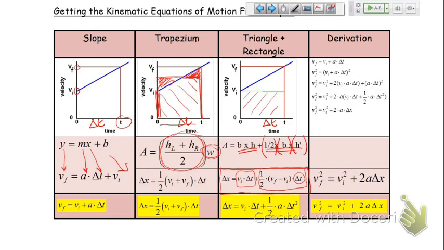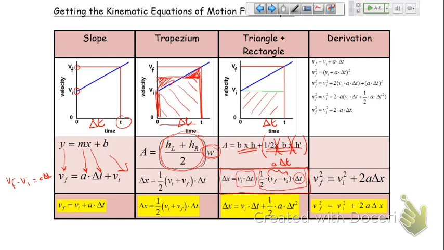And the insight is, if I look down here, that Vf minus Vi is equal to A delta T. So rather than having that Vf minus Vi, I say A delta T. And so I get delta x equals Vi delta T plus 1/2 A delta T squared. Another correct equation. The difference is this is going to be more useful, and I'll explain why in a minute.